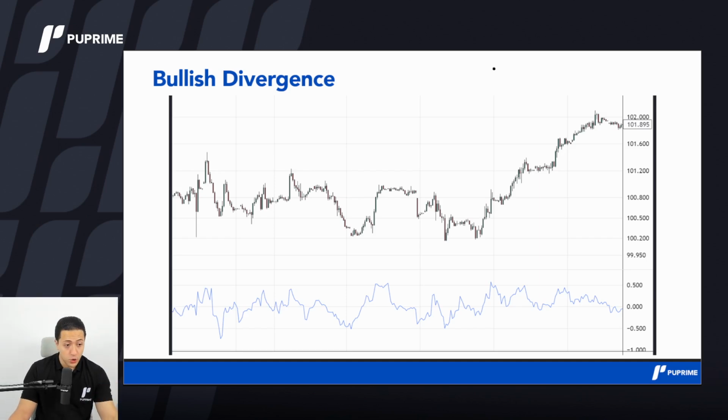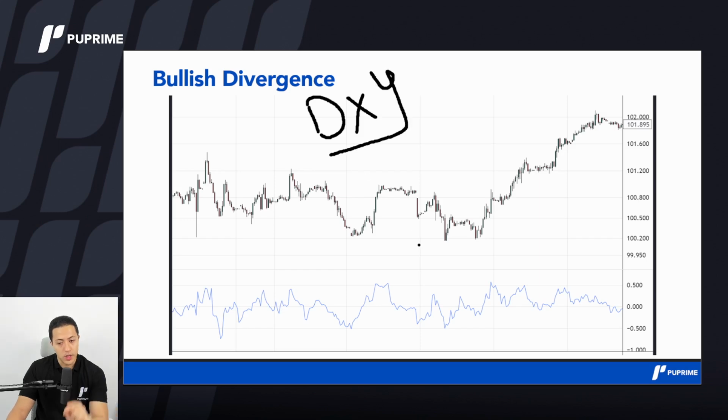So if you actually follow me in the weekly market analysis, what I'm going to explain right now on this chart, this is the DXY, this is the dollar index. We actually traded this upward move because of divergence and because we had another demand zone. So this is exactly something we have, and you will have it on YouTube, okay?